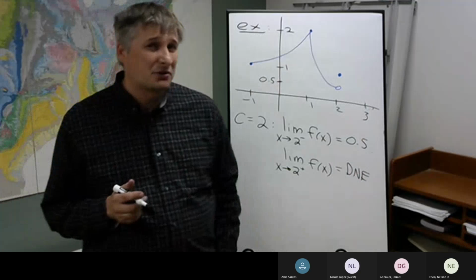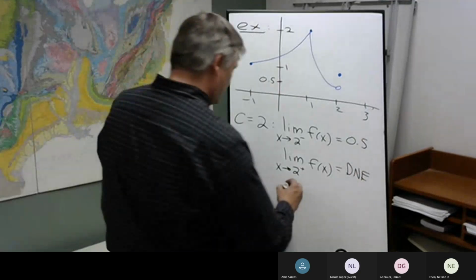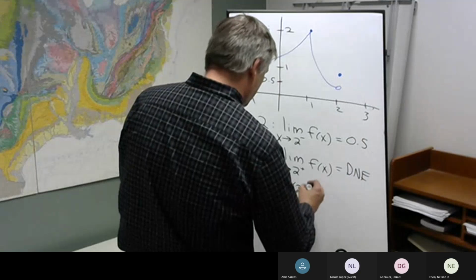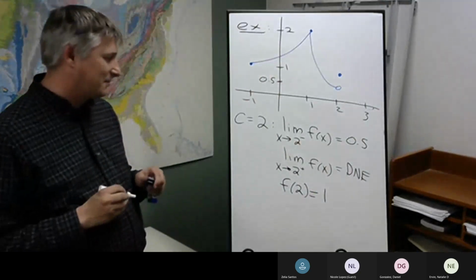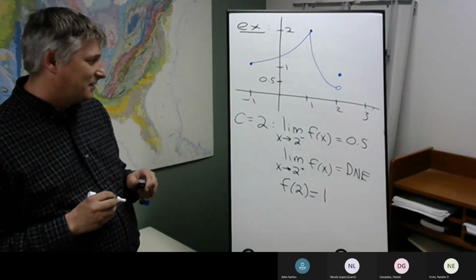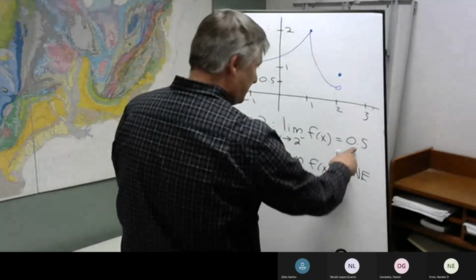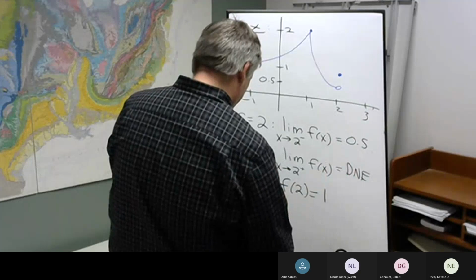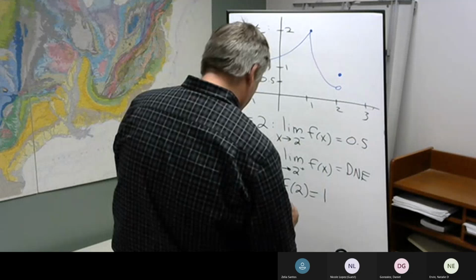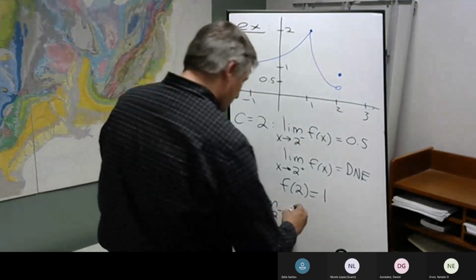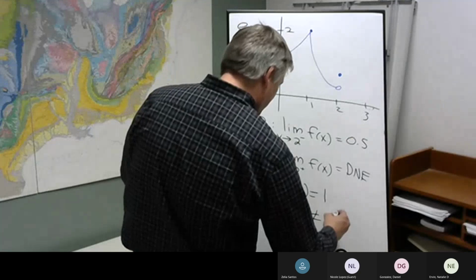Now this one has a catch to it though. What's f of 2? Well, f of 2 equals 1. So we've got a problem. Even though this does exist, the limit as x goes to 2 from the left side does not equal f of 2.